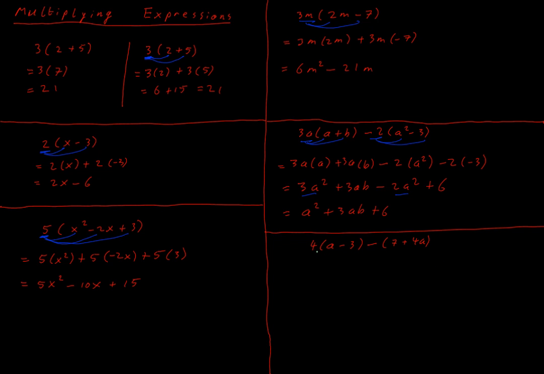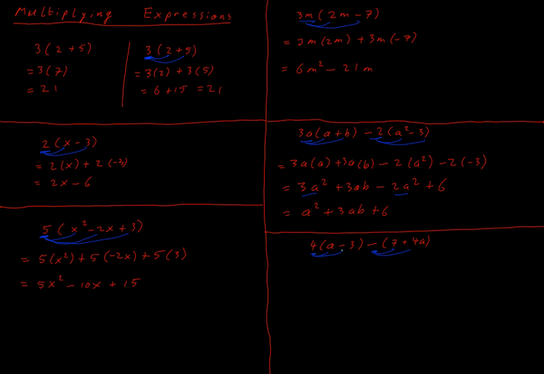Finally, I have this sum here, so I have 4 multiplied by a minus 3 and minus multiplied by my second bracket here. So I have 4 multiplied by a minus 3, and I have minus multiplied by 7 plus 4a.